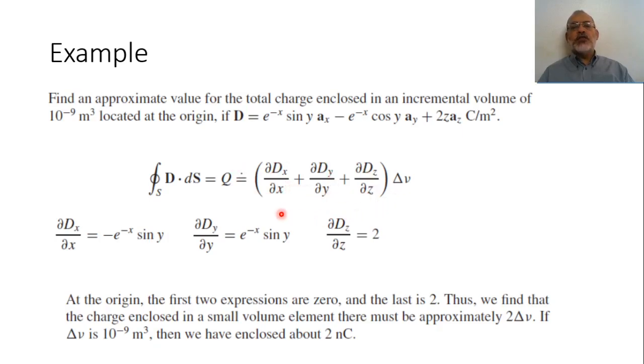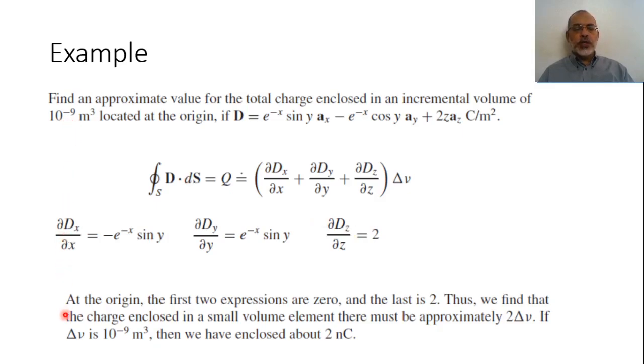If we multiply this volume charge density by delta V, we can find out the total charge. So the volume charge density is 2, because these are zeros, 2 multiplied by delta V, which is 10 to the power minus 9. So we are talking about 2 multiplied by 10 to the power minus 9, which is 2 nanocoulombs.